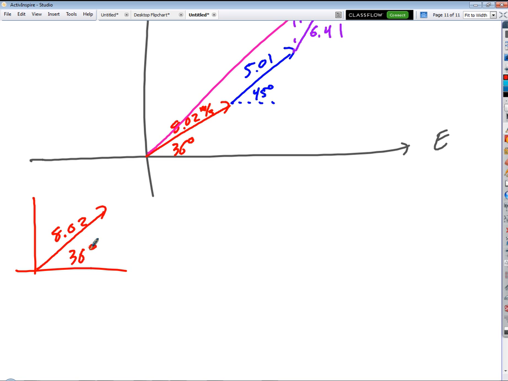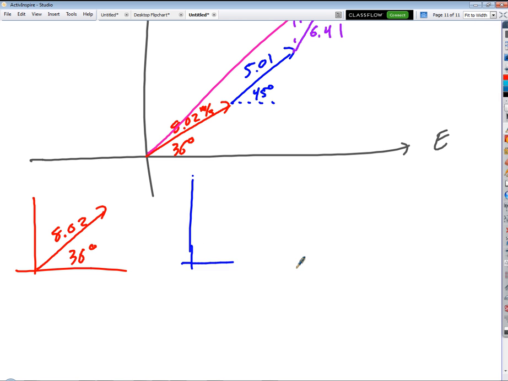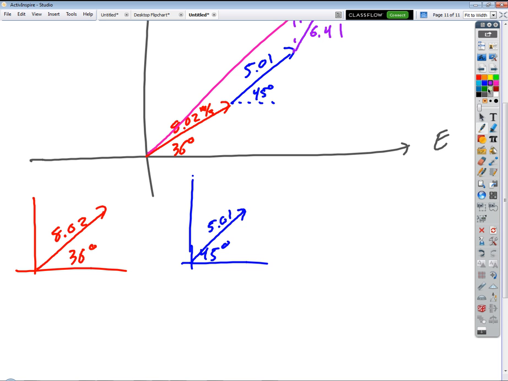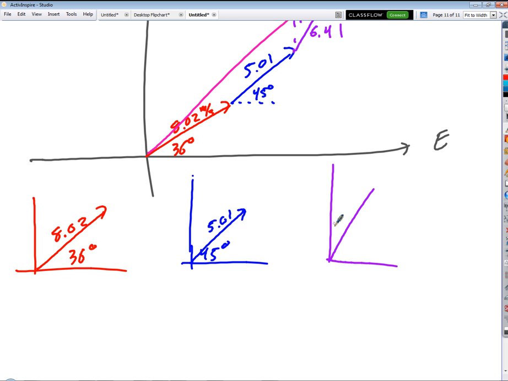The blue one is 45 degrees, and it's 5.01. And the purple one was 40 degrees on this side, and the length was 6.41. Which you could optionally make 50 degrees on this side, right? Because they have to add up to 90.